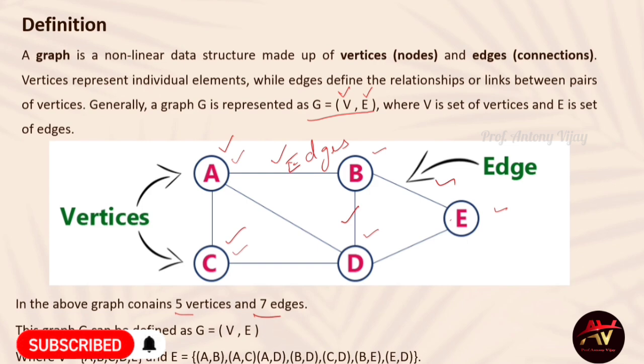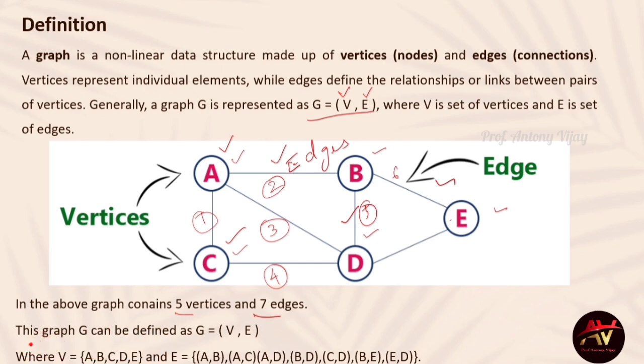So A to C is 1 edge and A to B is 2 and A to D is 3 and C to D is 4 and B to D is 5 and B to E is 6 and D to E is 7. Totally 7 edges and 5 vertices. This is called as graph.